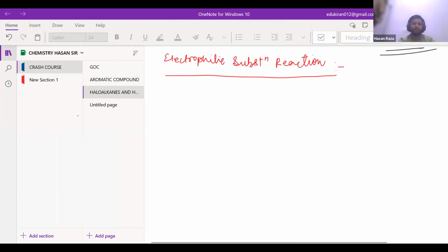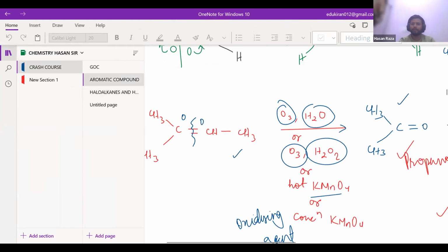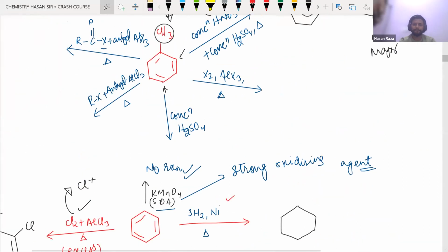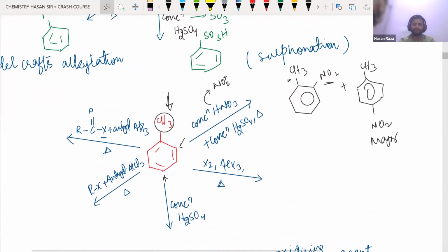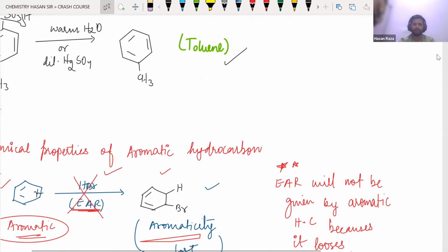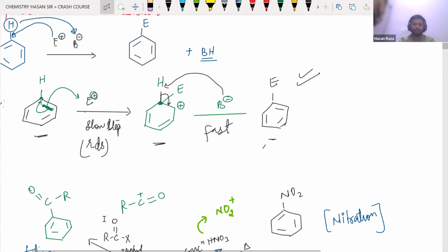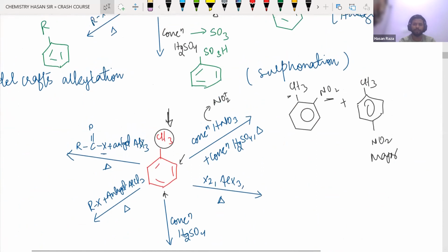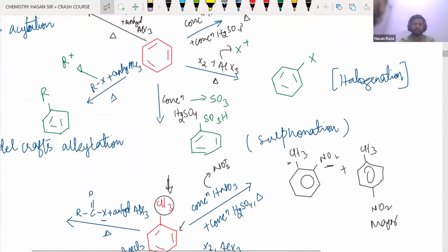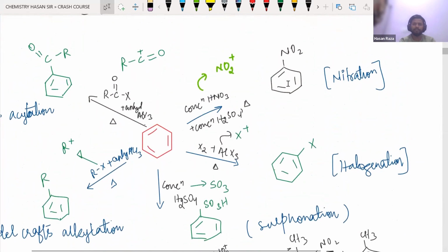Let me show you. Yeah, here it is. If there is only benzene, then the electrophile can be added anywhere. So you just need to remember.